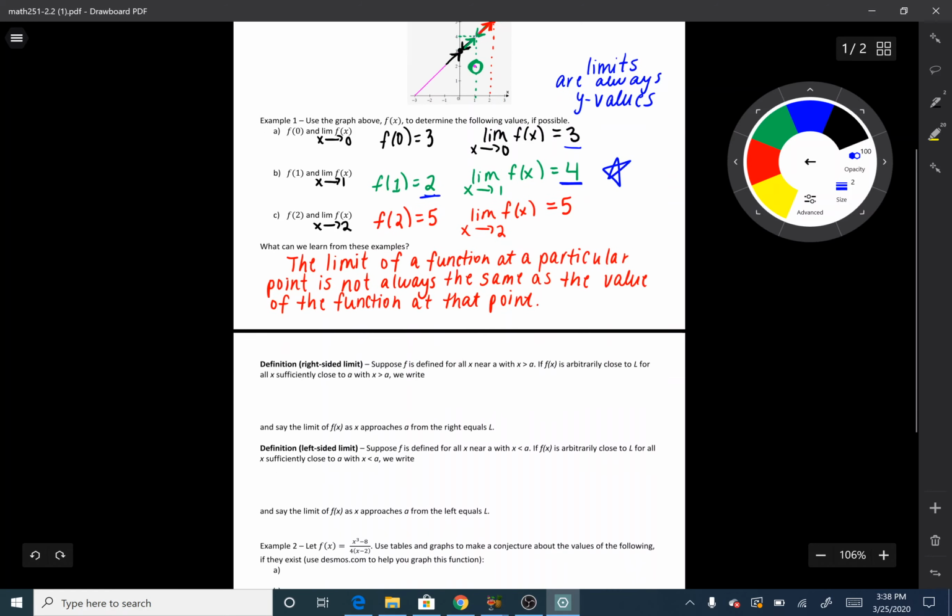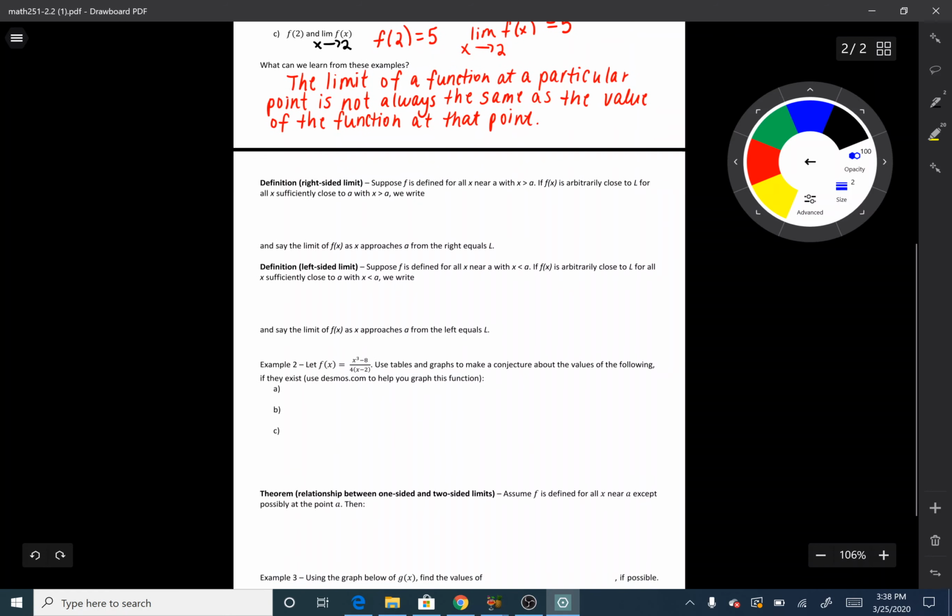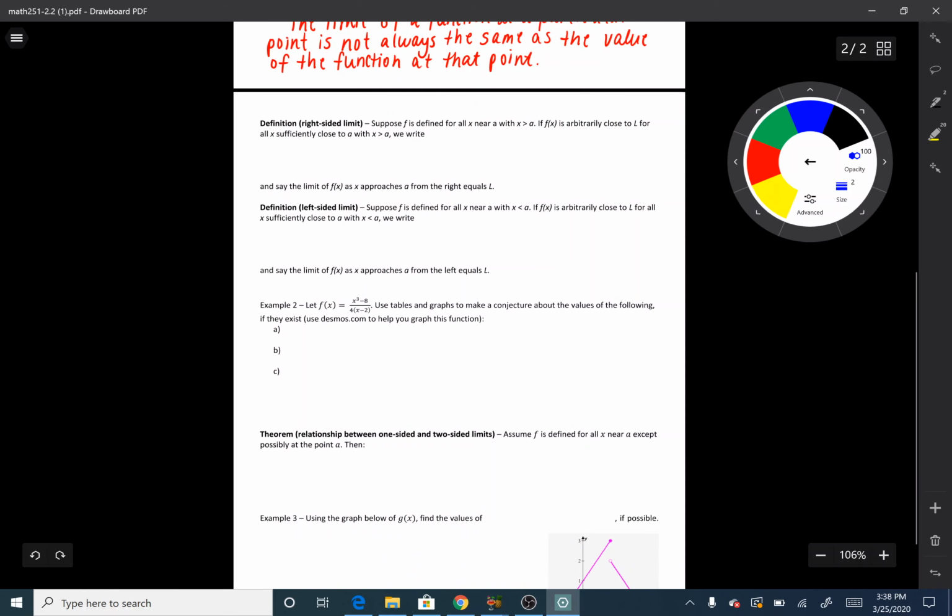All right, next we are going to go into another definition. This is called a right-sided limit. So this is just another flavor of a limit. So suppose we have f defined for all x near a. This time x has to be greater than a. Then if f of x is arbitrarily close to L, again, L is a y value, for all x sufficiently close to a with x greater than a, then we write the following.